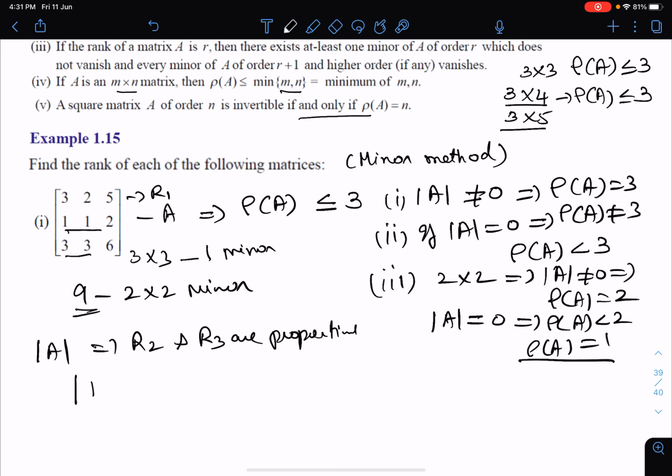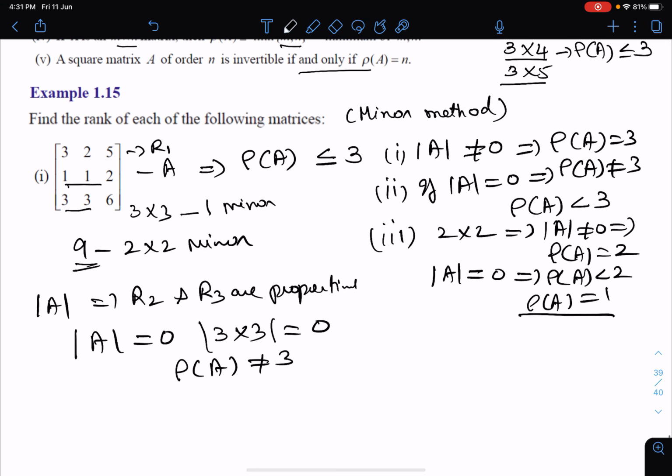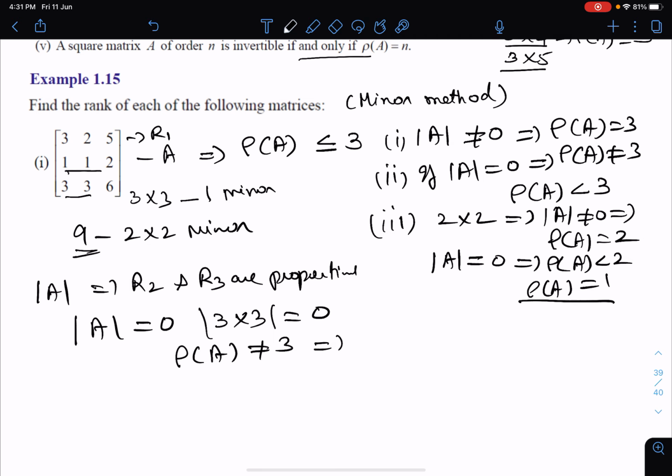So this will imply determinant A equal to 0 since they are proportional. So the 3 cross 3 minor is equal to 0. If it is 0, what conclusion will we come to? Then rank of A is not equal to 3, which implies the rank of A is less than 3.